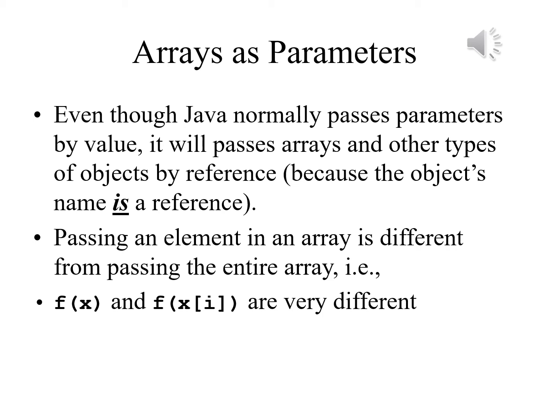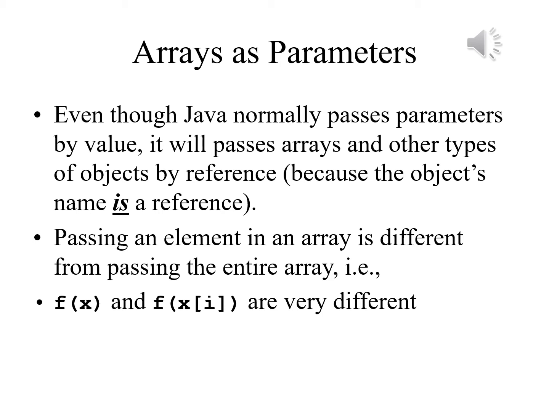But it's different for arrays and other kinds of objects. What gets passed is a reference, the address at which the data is stored. Since the method works with the original copy of arrays and other objects, those changes are seen by the main method or any other method calling the method in question.